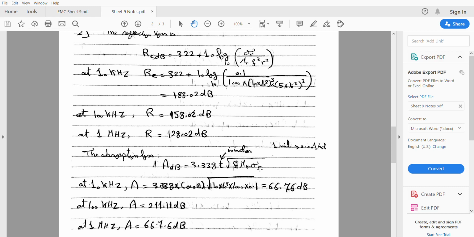So by multiplying all these on the calculator, you can get the value of absorption loss at 10 kilohertz, which is equal to 66.76 dB. The same thing at 100 kilohertz and 1 megahertz. You substitute the frequency here and get the value of absorption loss.